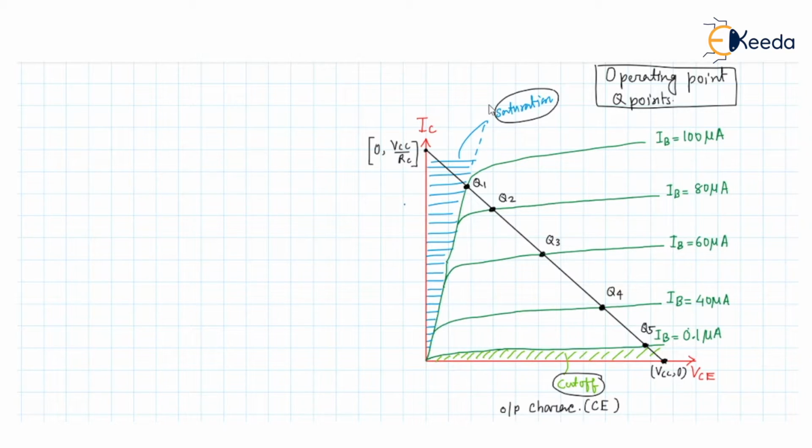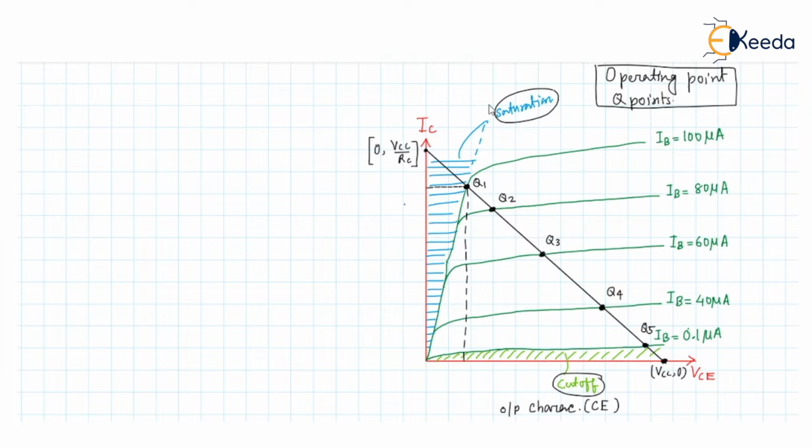Now, out of these 5 operating points, which one will be suitable for the BJT to operate? If we consider the operating point as Q1, then for this Q1, we will get a particular value of VCE as well as a value of IB or IC.